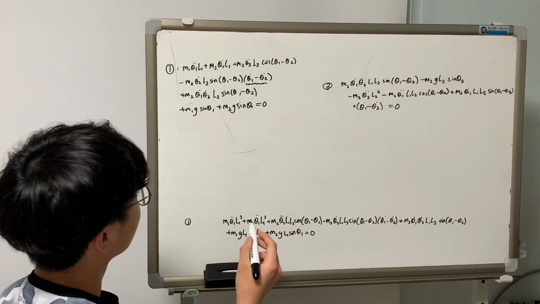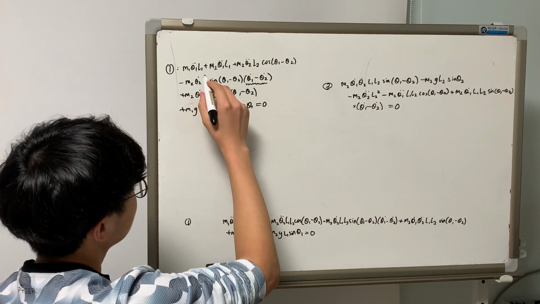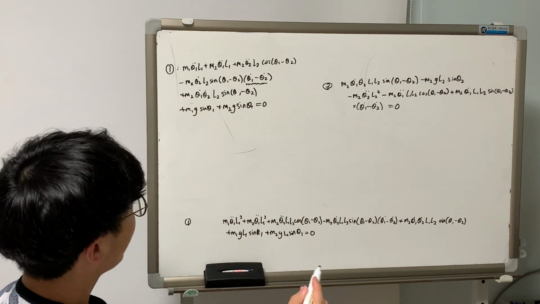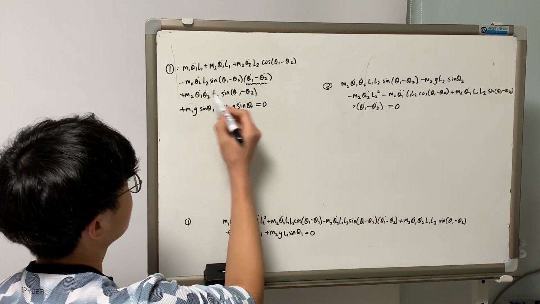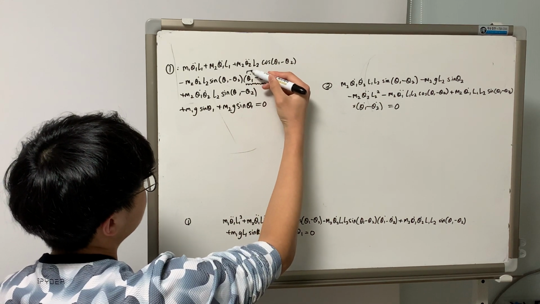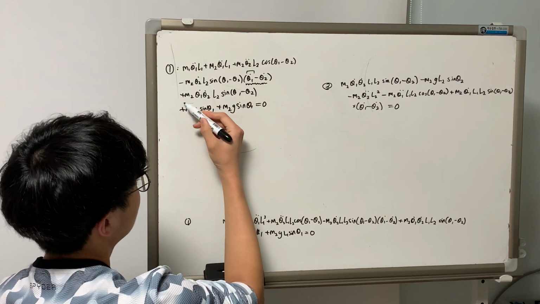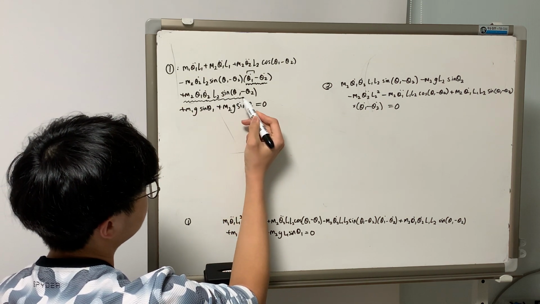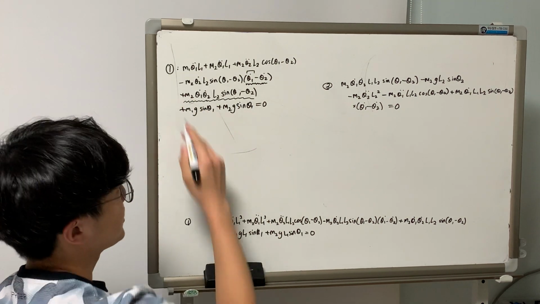And the first term, which is M2 theta 2 dot, L2 sine theta 1 minus theta 2, is identical to this here. So this part, when we expand it, is opposite and identical to this here, but it has a minus sign.